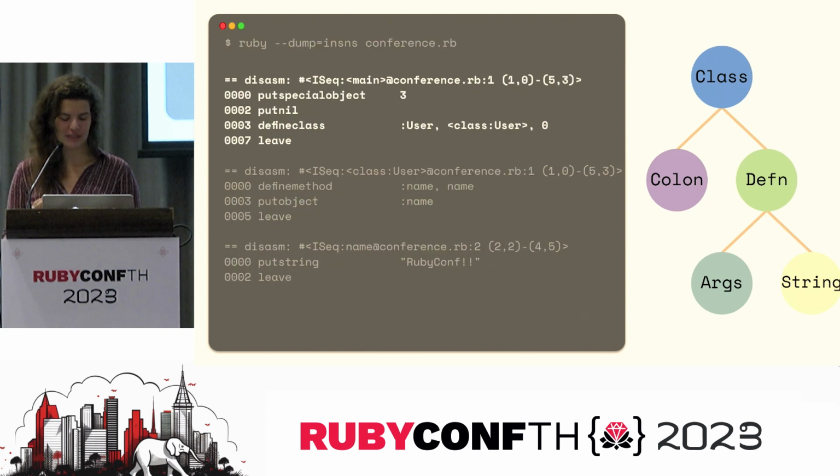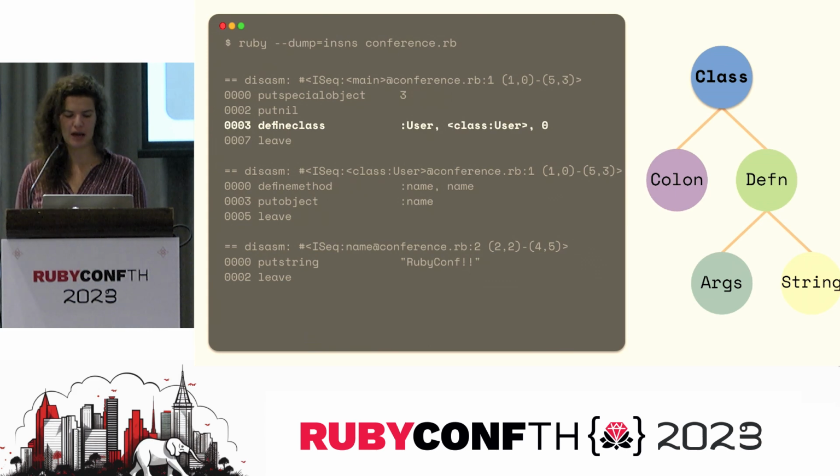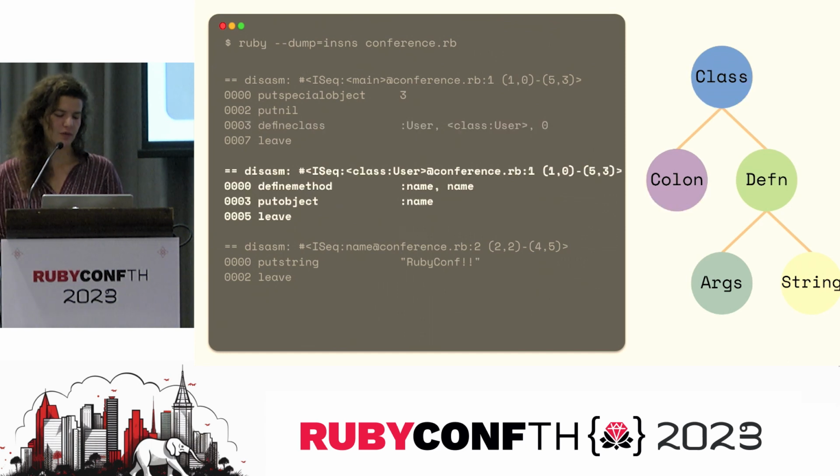Yeah, so you might have seen this first segment seems really similar to our class, right? You can see it's referencing main at conference.rb, the main method. And we have stuff that we know has to do with our class here, like this define class, which is getting the name of the class. Then if we look a little further down at the next section, we see our method here, right?